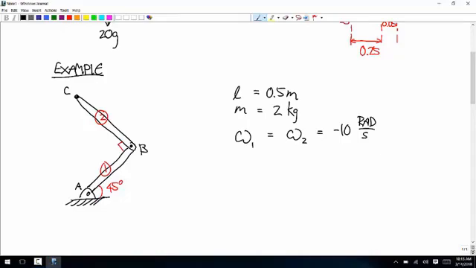Yeah, and we're going to have an acceleration on C anyways, even if we didn't apply any forces, because they're centripetal accelerations. So let's say that there's an external couple on each of these.